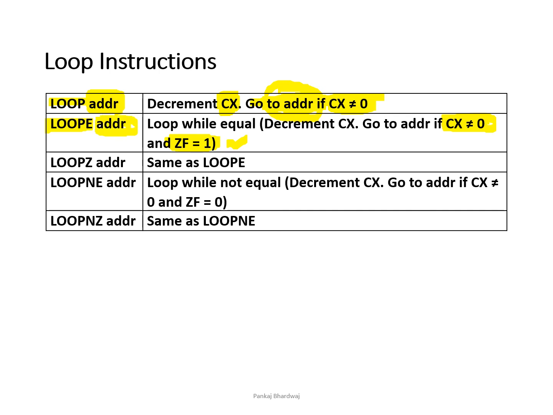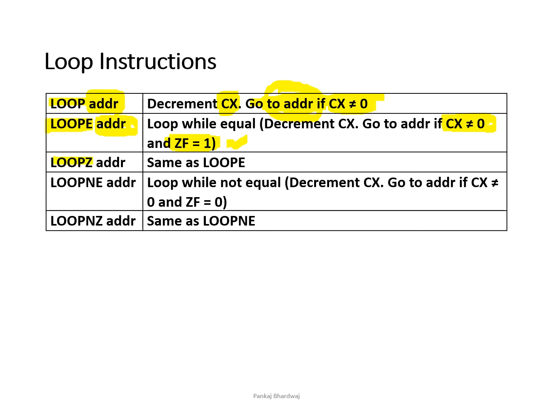First it decrements the count, then checks whether CX equals 0. If it is, then the condition is not true and it fetches the instruction from the next line. But if CX is not equal to 0 and ZF equals 1, both conditions are true, then it will fetch the instruction from the address provided.